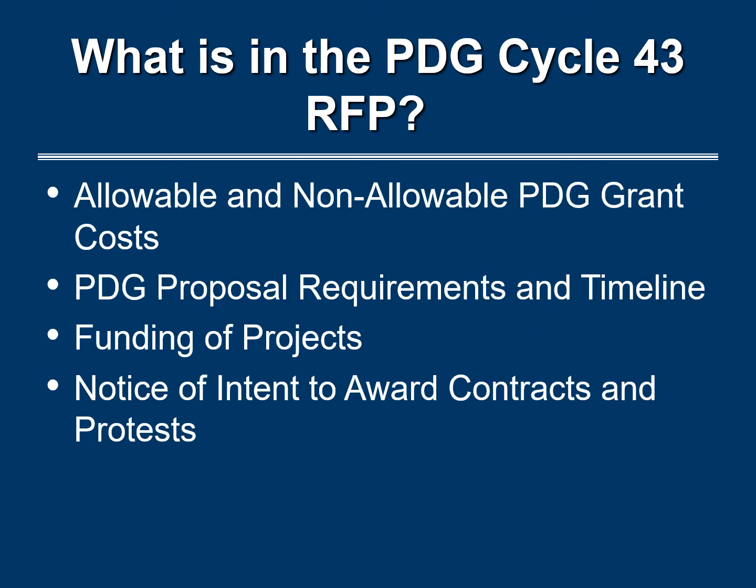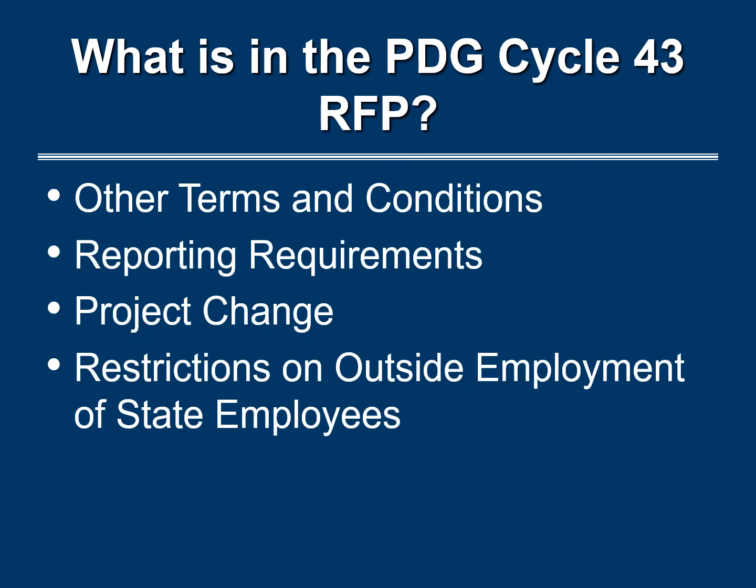Allowable and not allowable PDG grant costs, PDG proposal requirements and timeline, funding of projects, and notice of intent to award contracts and protests. Other terms and conditions, reporting requirements, project change, and restrictions on outside employment of state employees. We will go over each of the sections.